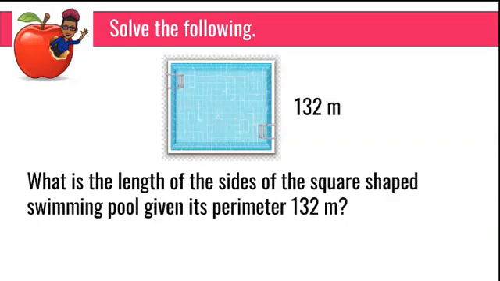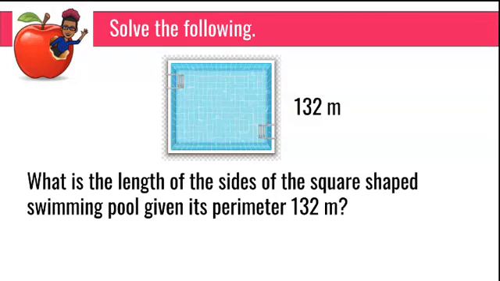What is the length of the sides of the square-shaped swimming pool given its perimeter 132 meters? So again, if someone has to walk the distance around this swimming pool, they will actually be walking 132 meters. That's the distance around. We want to find the length of the sides of the swimming pool.